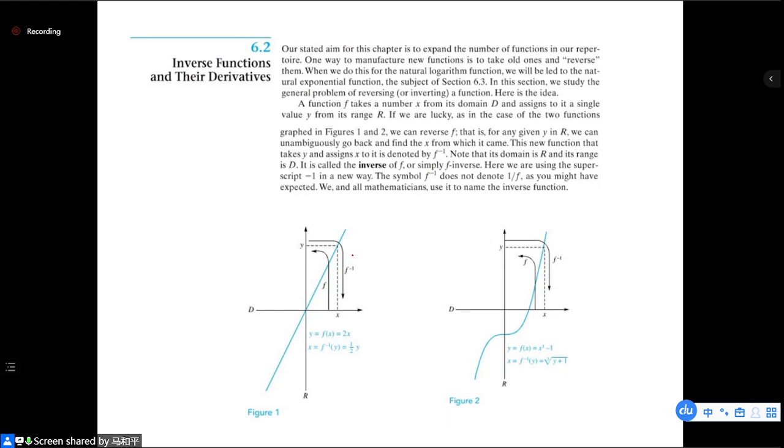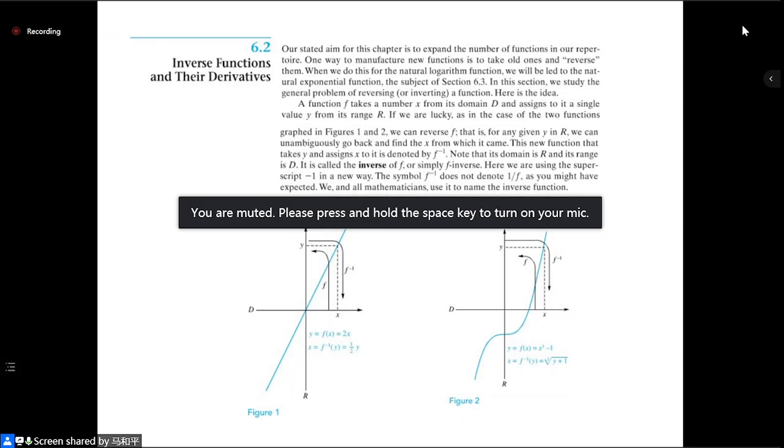Okay, and now we will learn the inverse functions and their derivatives. I think the derivative of the inverse function, this part is a little hard for you to accept, so you should listen to me carefully. First, we introduce the inverse function. Our aim is to produce a new function.